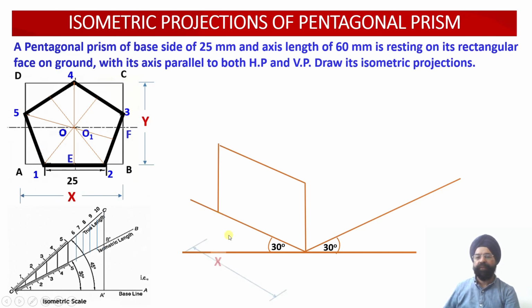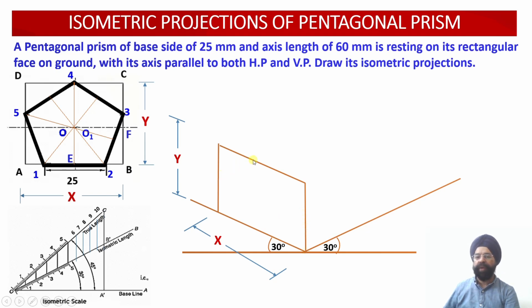Please check, I have marked this longer edge equal to X, and the shorter edge of this rectangle we have marked as Y. So we can check that this longer edge we have drawn onto the isometric x-axis, and we have marked this Y edge, corresponding to the edge BC, onto the isometric axis in the Y direction.